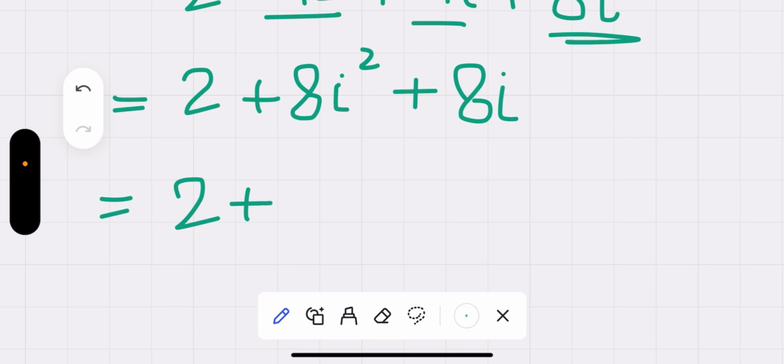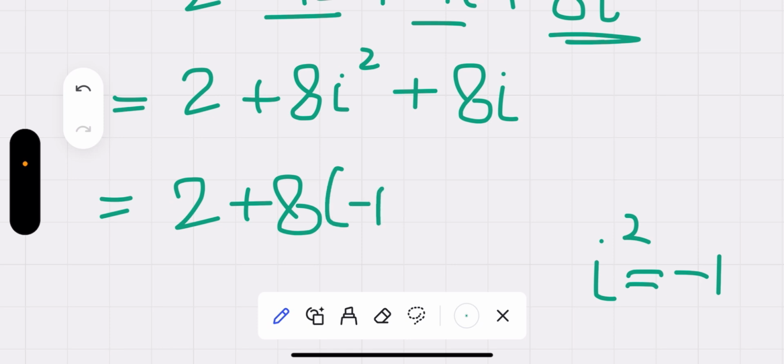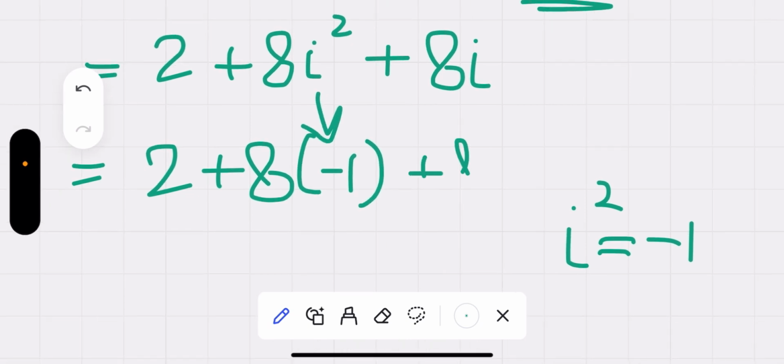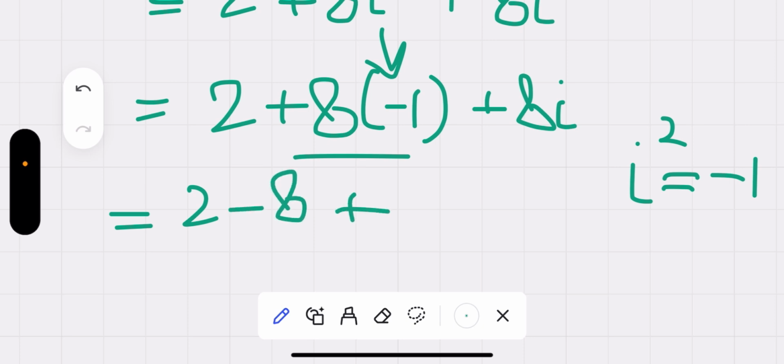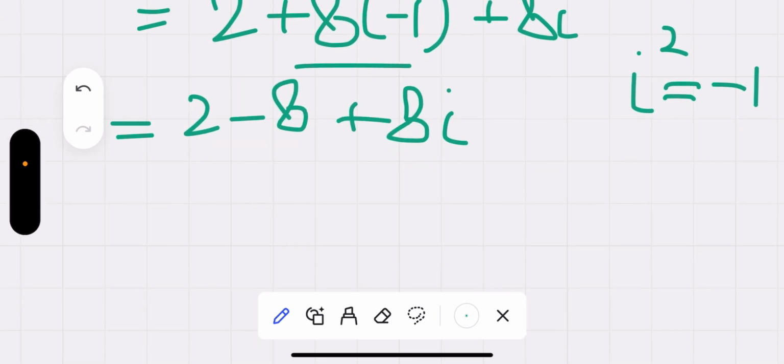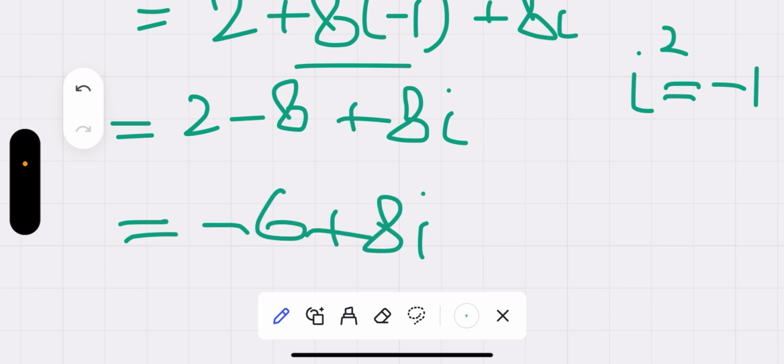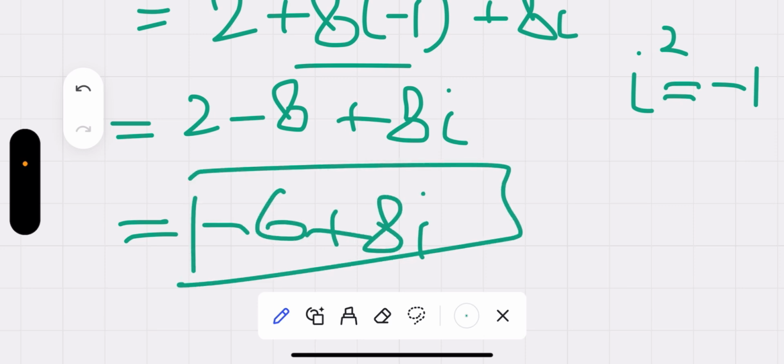Since iota square equals negative 1, we can write here negative 1 because of this iota square, plus 8 iota. This becomes negative 8 and positive 8 iota. So 2 minus 8 is negative 6 plus 8 iota. So this is the answer.